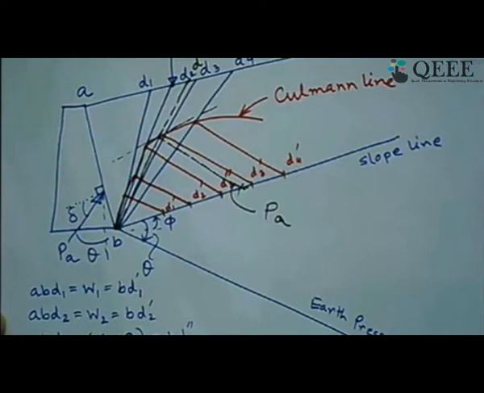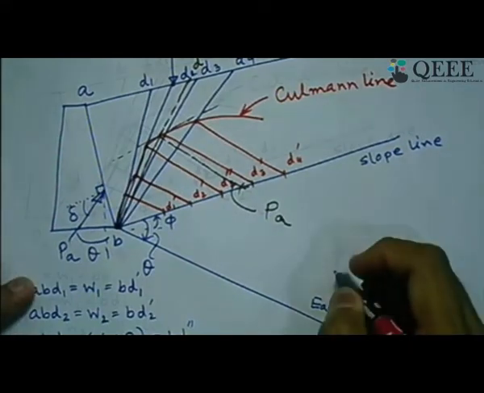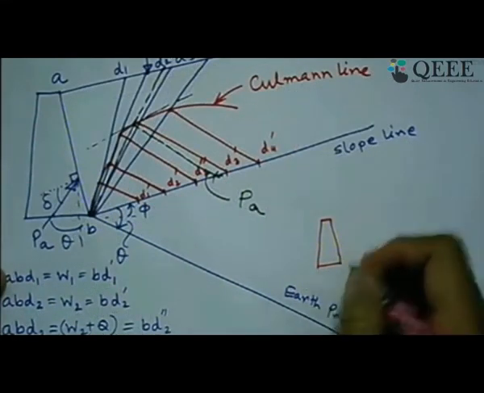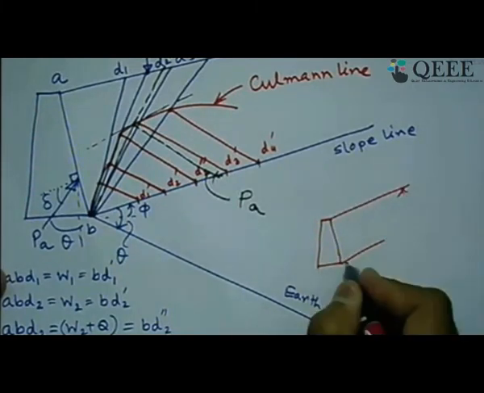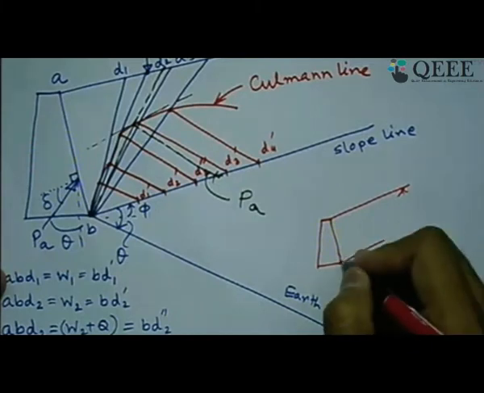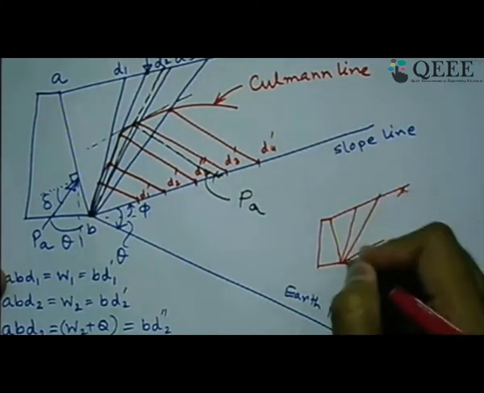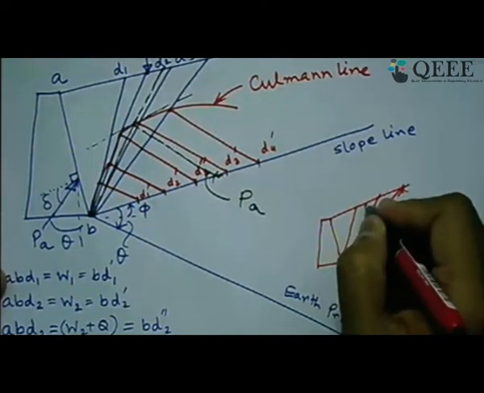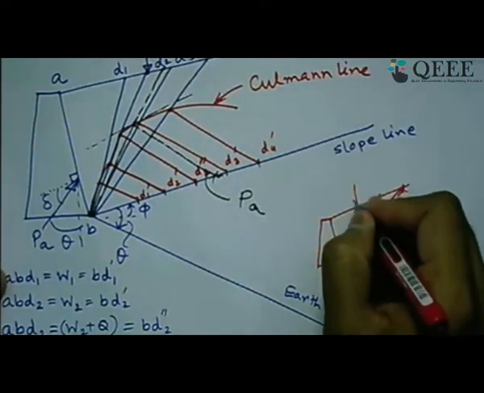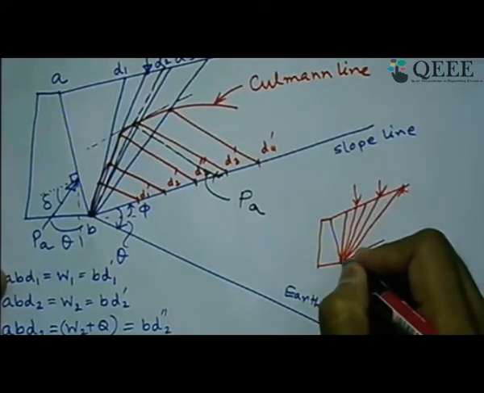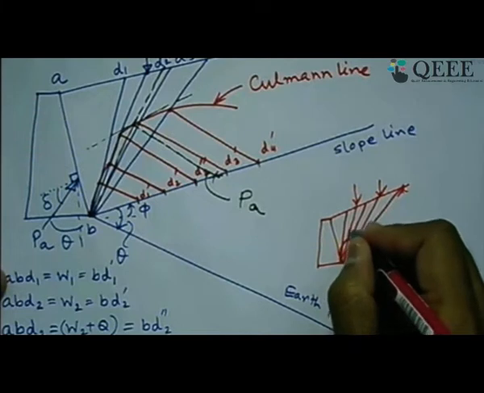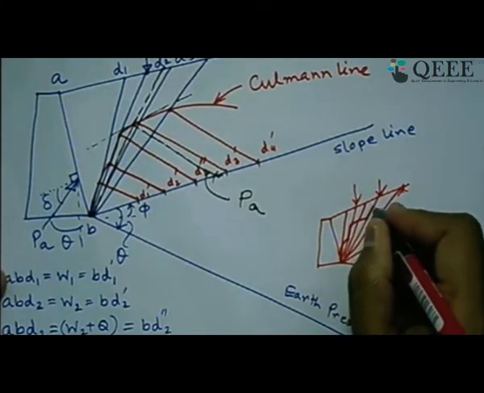Now if you have two line loads, how will this picture look like? I'll just give you a shape of it. Similarly, if I have one line load over here and another line load over here, I will have a Culmann line going here, then a jump, then going here, then another jump here, then going here.